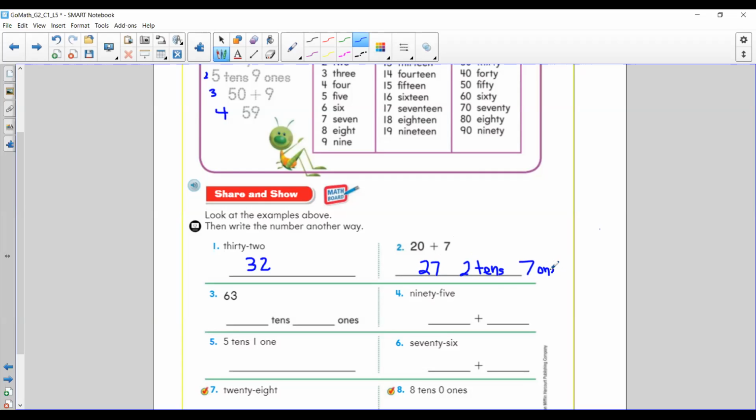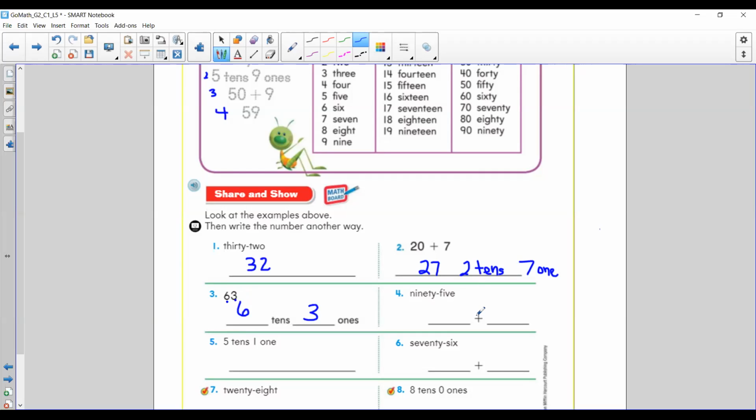So those are just 2 ways that we can do it. We could also write it out in words. Okay, for 63, we need to write how many tens and how many ones. Okay, well, the 6 goes right there, 6 tens, and the 3 goes on this side, 3 ones.